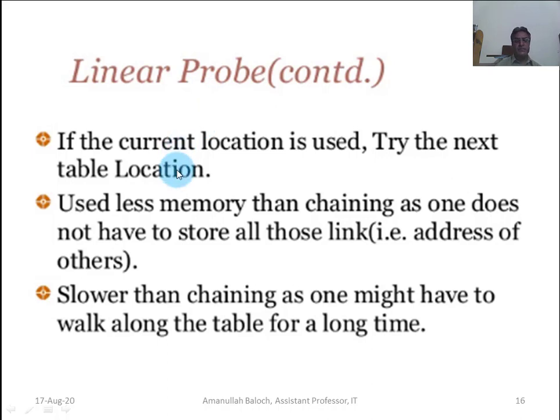There are two kinds of solutions for solving collisions. In linear probing, if the location is occupied, it uses the next available location. It uses less memory than chaining, as one does not have to store all those links, that is addresses of others.